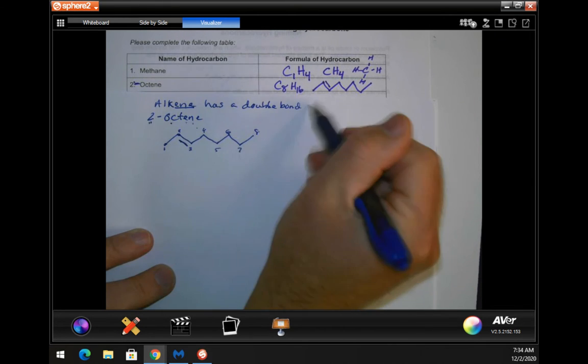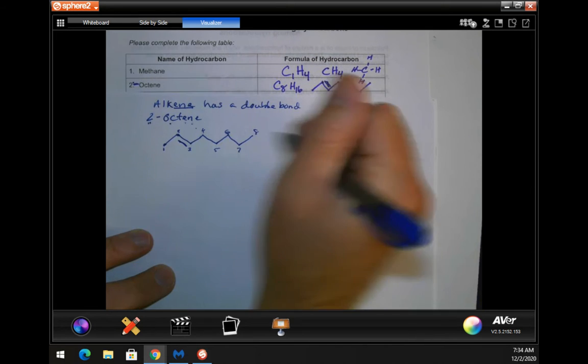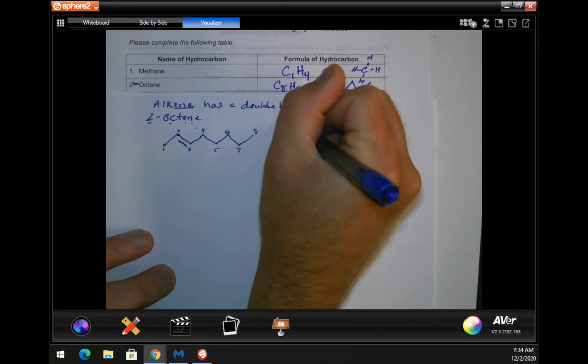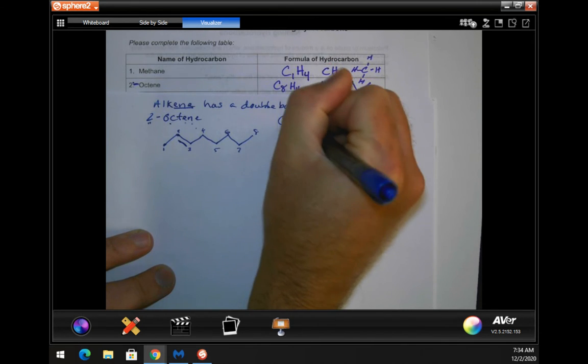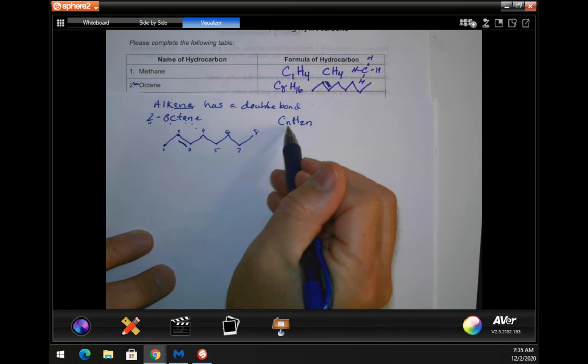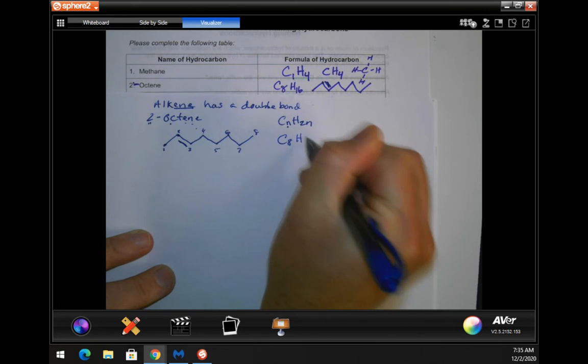Doesn't matter. On this one, I drew it up here. That part doesn't matter. So then when you go to write the chemical formula for it, you're going to use this standard form, and since there's 8 of them, you plug in an 8 there, and then multiply it times 2, so it's 16.